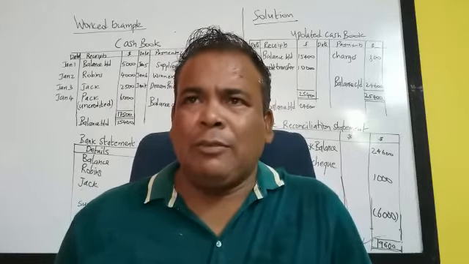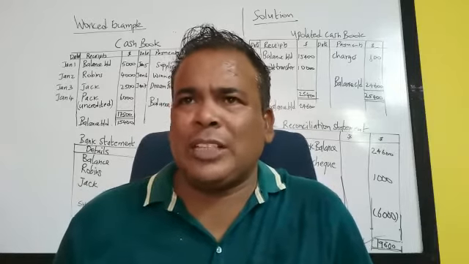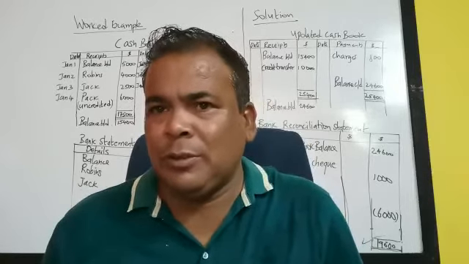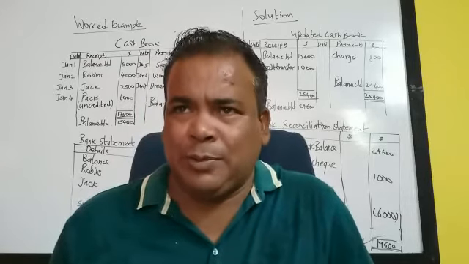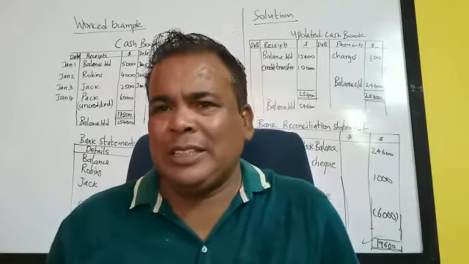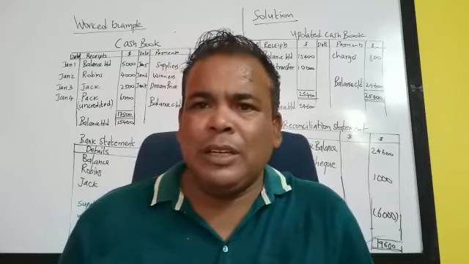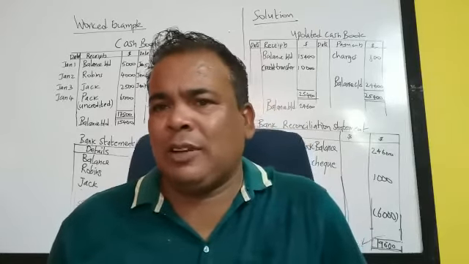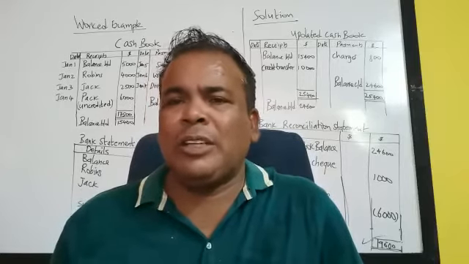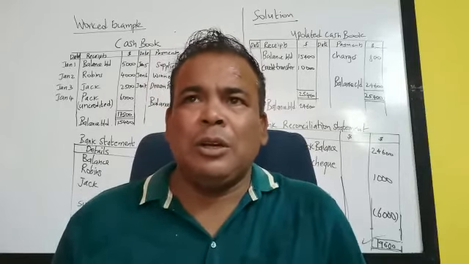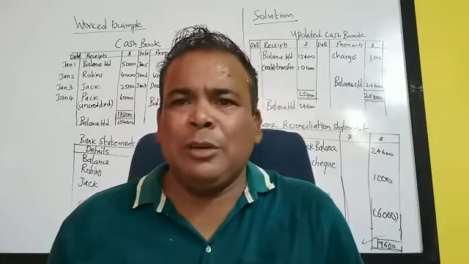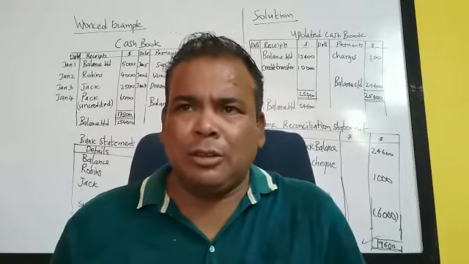And we have to see in the question the cash book given to you and the bank statement. What we have to do is see whether all items on the debit side of the cash book have been recorded on the credit side of the bank statement, and all items which are on the credit side of the cash book have been recorded on the debit side of the bank statement. And then we have to find undebited check and uncredited check.